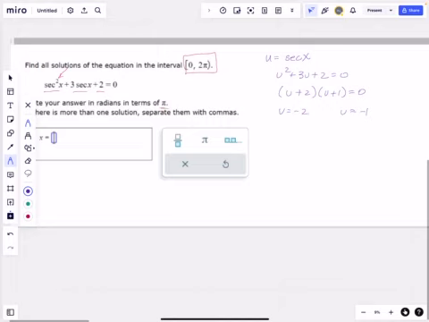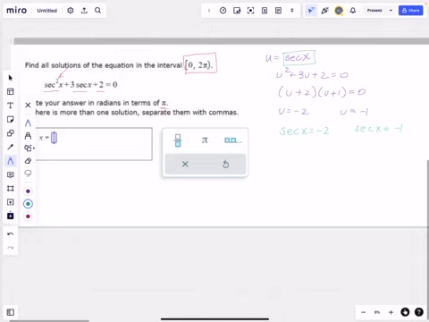Now I've solved for u, so let's remember that u is really equal to secant of x. So secant of x is equal to -2, and secant of x is equal to -1. We can solve like this, but it's easier to reciprocate these and deal with them in terms of their reciprocals.